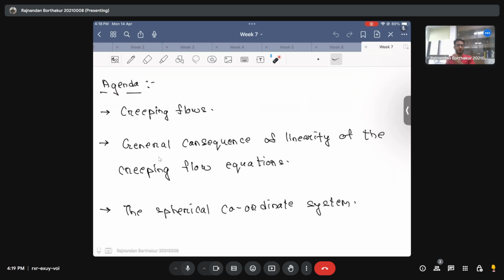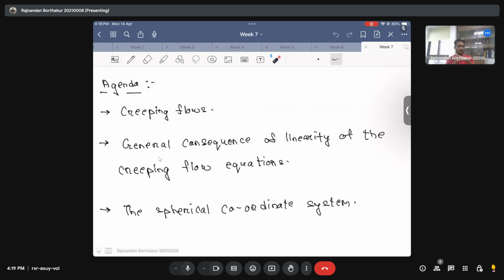Okay. But the most important aspect of creeping flow is that since the inertia terms were absent, our equations, which we call the Stokes equation, were linear. Why? Because now the u dot grad u term was absent, and we looked into the consequence of this linearity.